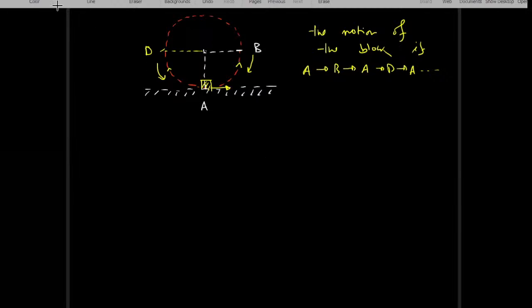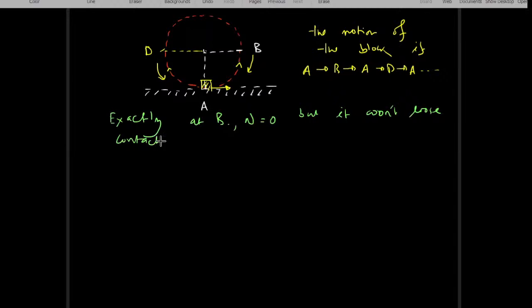Now the next point I'm writing: exactly at B, N will become 0, but it won't lose contact with the track. For an instant, normal reaction will become 0.